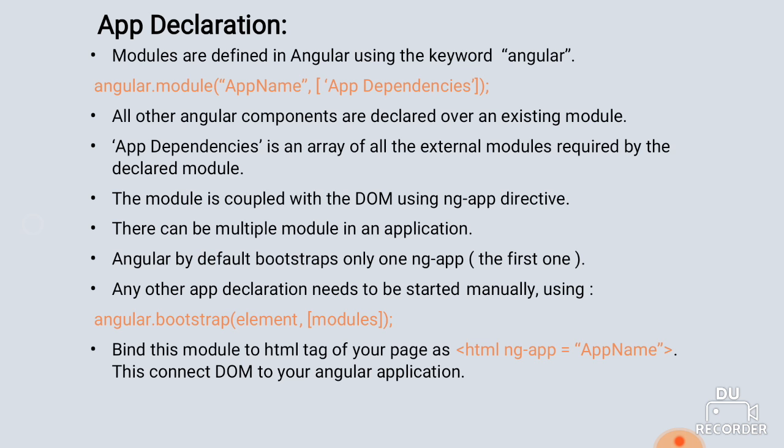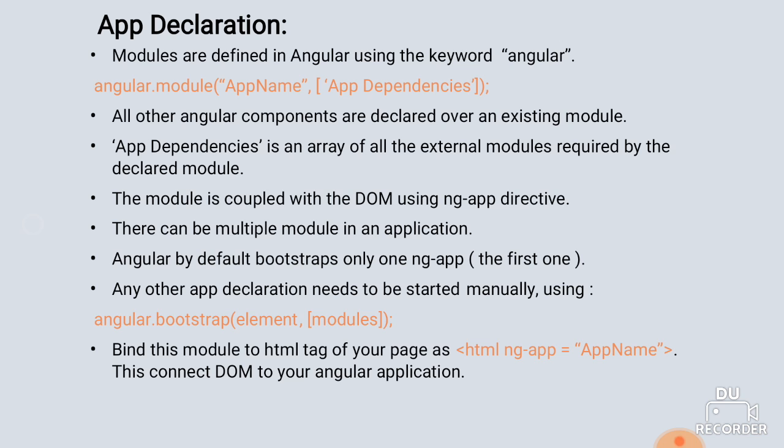Right. So one thing to be kept in mind here is basically your application should have one root module at a time. Basically you should be doing this angular.module thing only once in your application, right? You should not be doing this more than once, because by default Angular bootstraps, or to say it, Angular starts or launches only one of your modules.